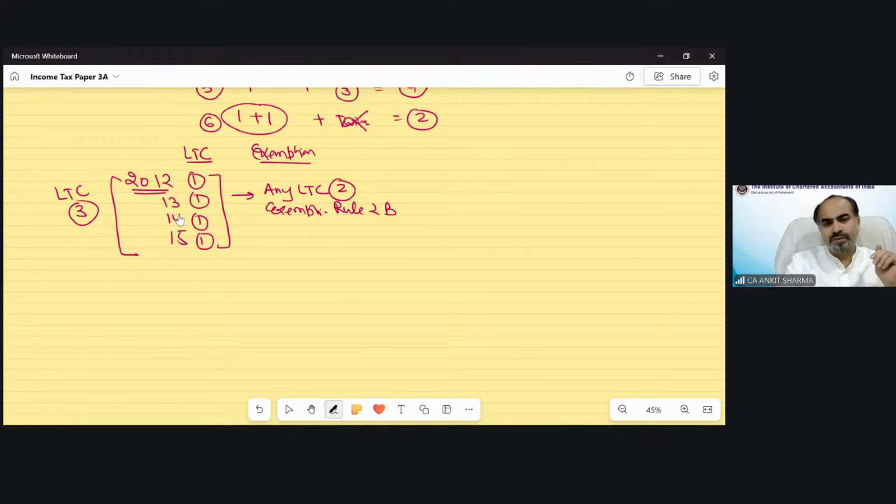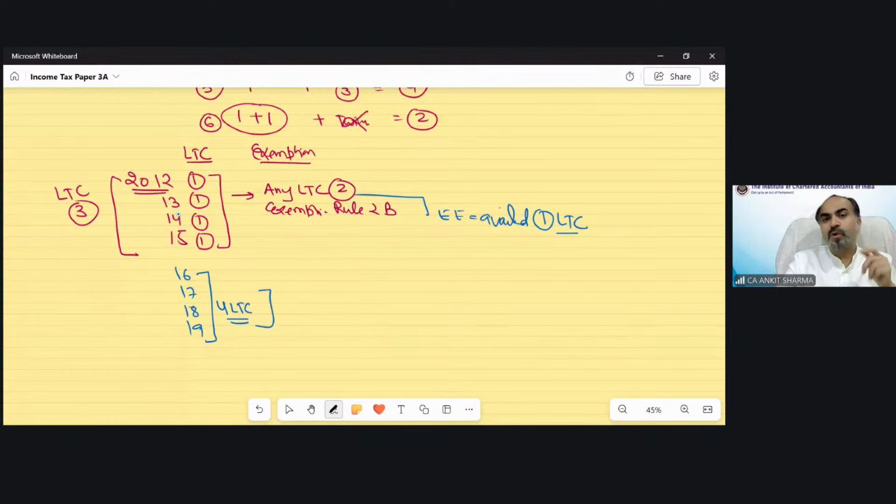Now suppose what happened, out of these 2 LTC, the employee only availed 1 LTC exemption. So he is spared with 1 extra LTC exemption. So out of these 4 year LTC, he only claimed 1 year LTC exemption. So now you have a benefit in the next 4 year block. Again, you will get 4 LTC.